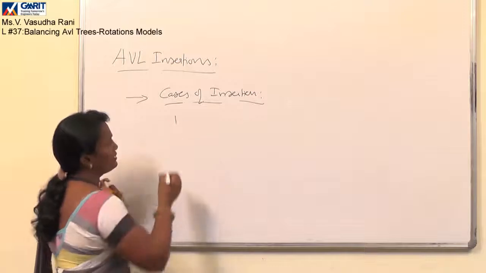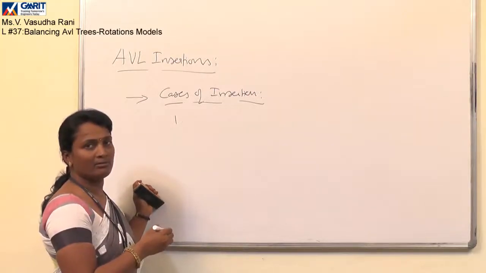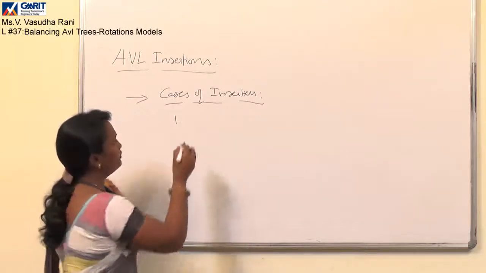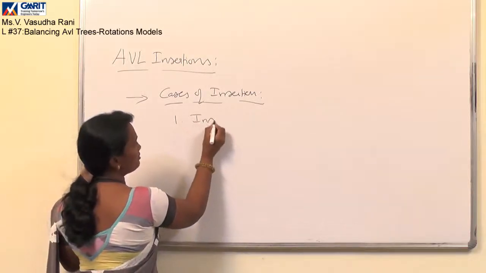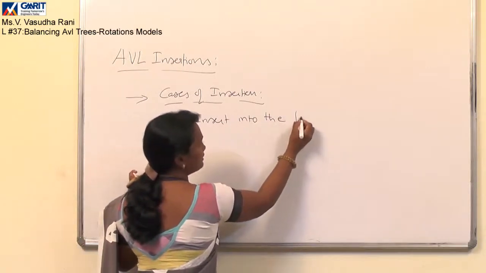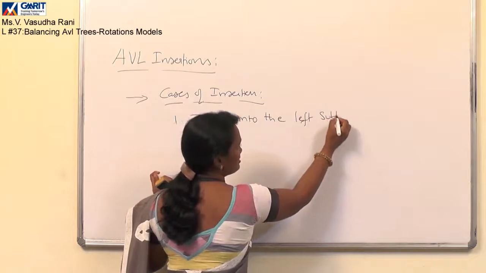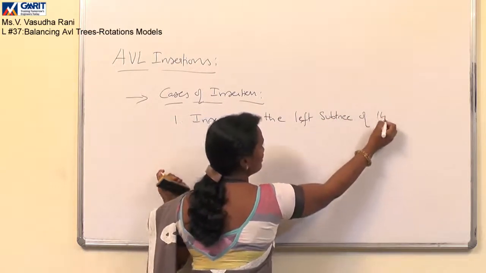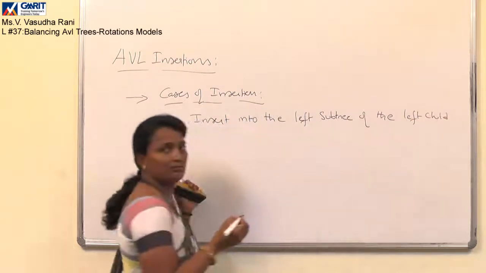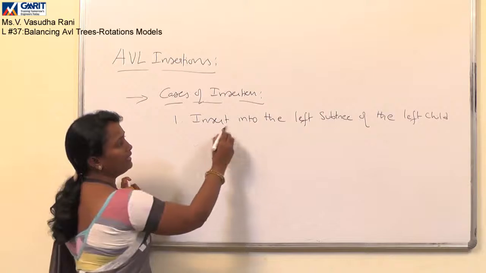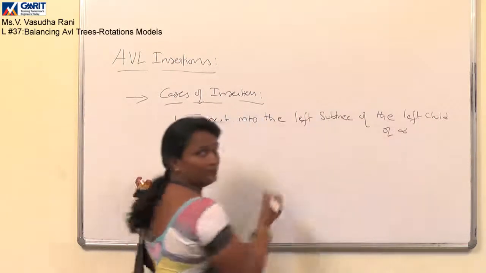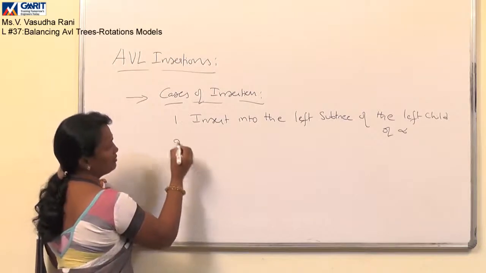The first case is that, already taking an AVL tree, upon an alpha node, if you insert a new node into the left subtree of the left child of alpha, that is one case.